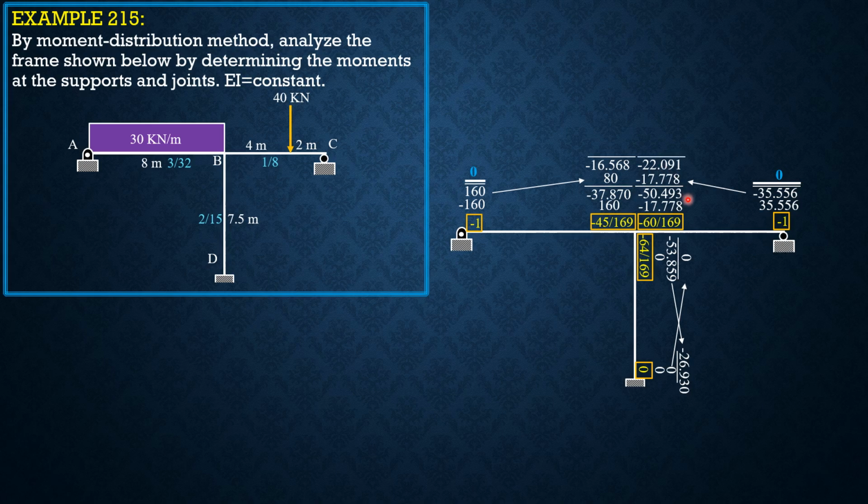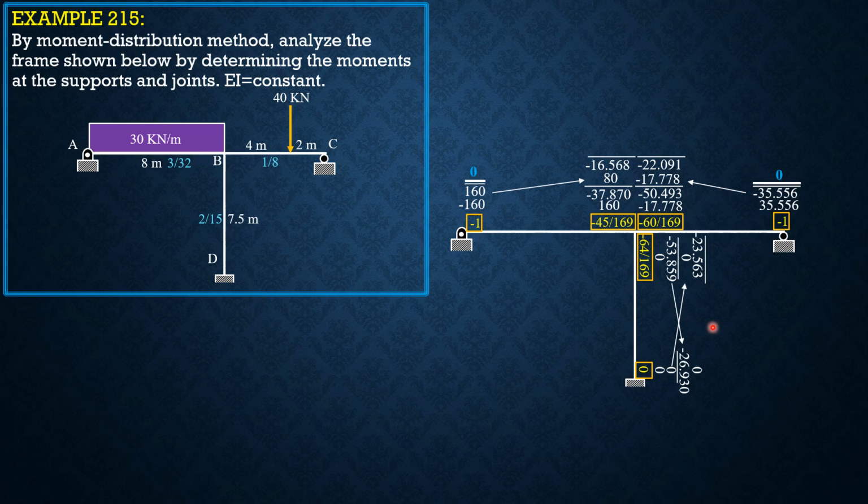Then replace negative 60 in your calculator by negative 64, put the value here, negative 23.563. Then since this is already balanced, there's no moment here. This is also balanced, there's no moment here. And there's no moments on this part.